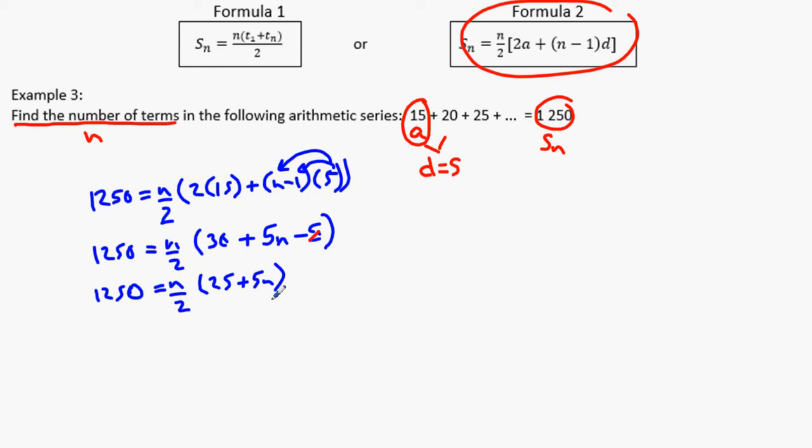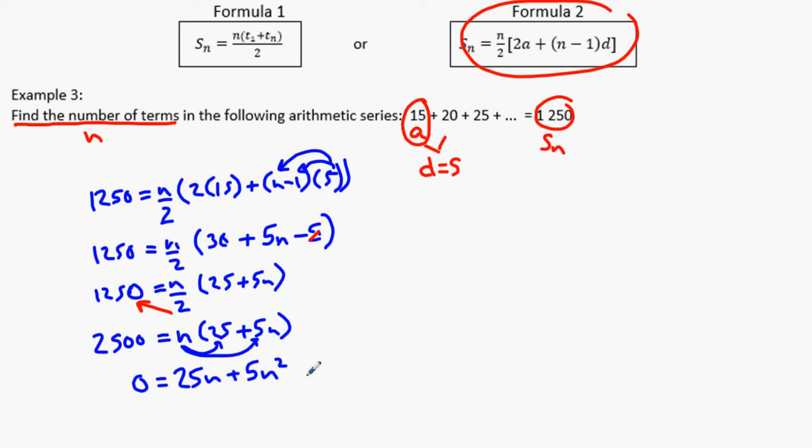Not a big fan of this 2, so I'm going to cross this 2 over here. So I get 2,500 is equal to n times 25 plus 5n. Multiply this n in here. So I get 0 equals, where's 0 coming from? Well, I'm going to bring this 2,500 over as well. So I get 25n plus 5n squared minus 2,500.